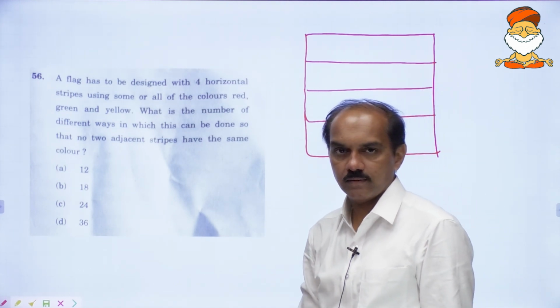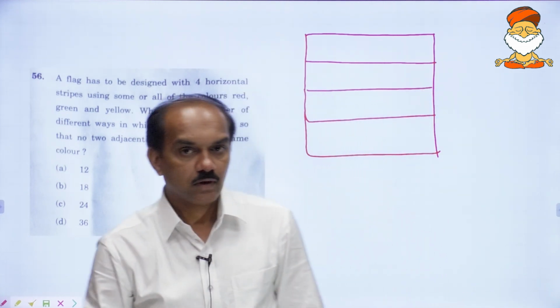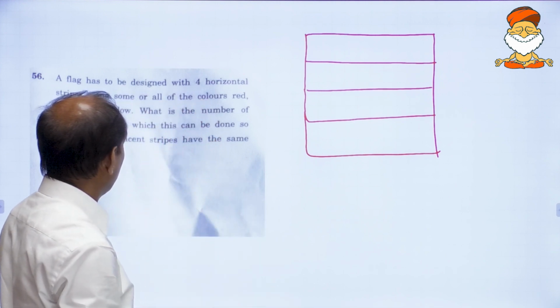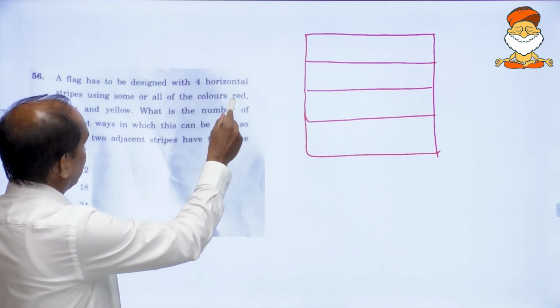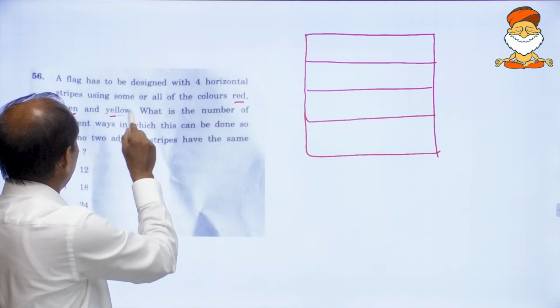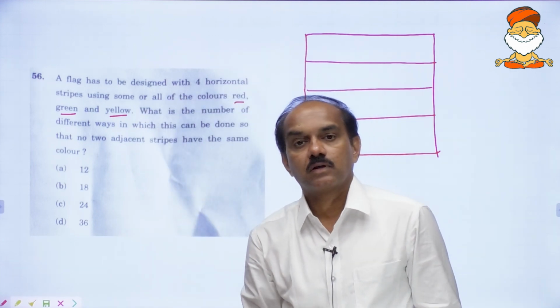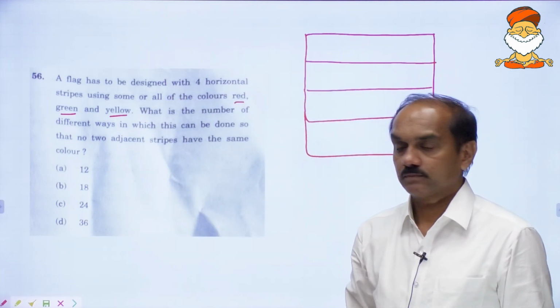Like this we have got 4 stripes and we will have to go for coloring. Red we have got, green, yellow. These are the only 3. And the question mark is on the number of ways.